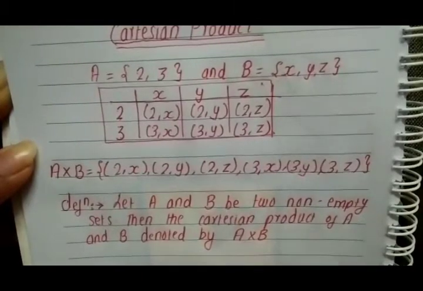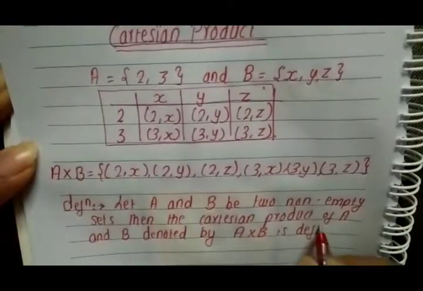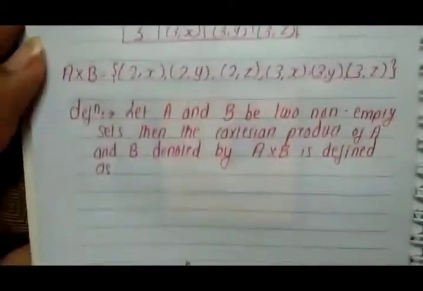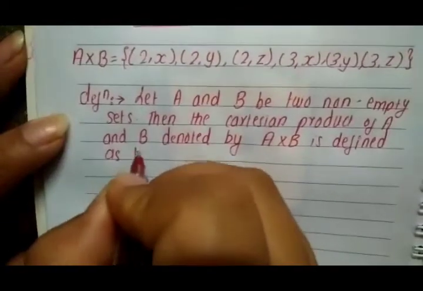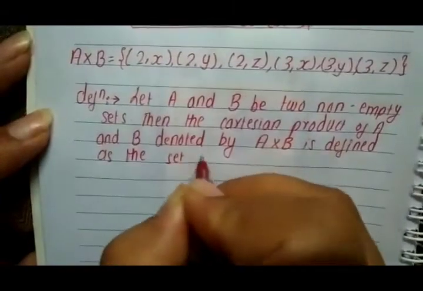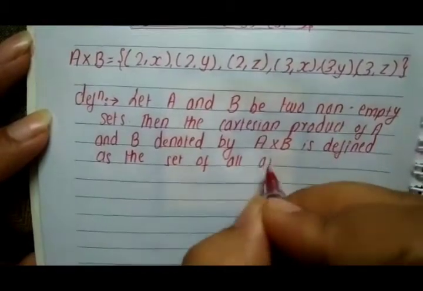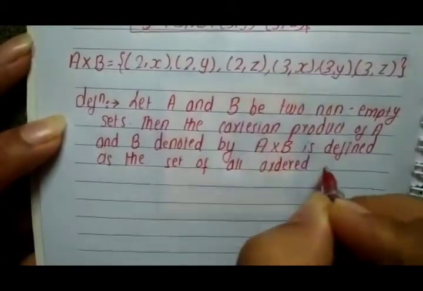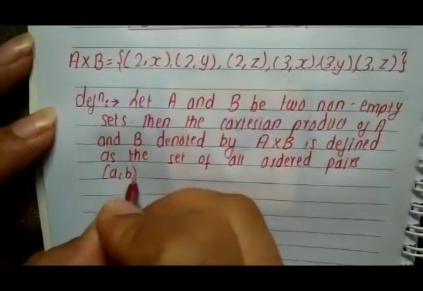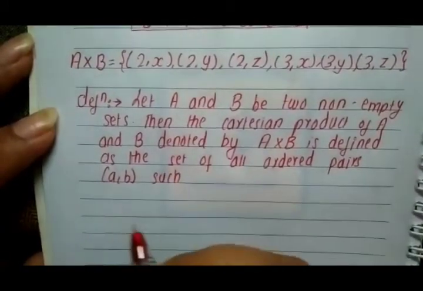Then the Cartesian product of A and B, denoted by A cross B, is defined as the set of all ordered pairs. So what are our ordered pairs? A comma B, such that... this is a definition, so we are not writing like 1, 2, 3.